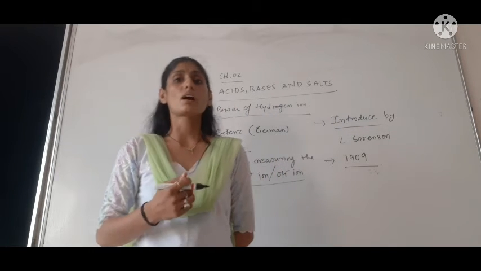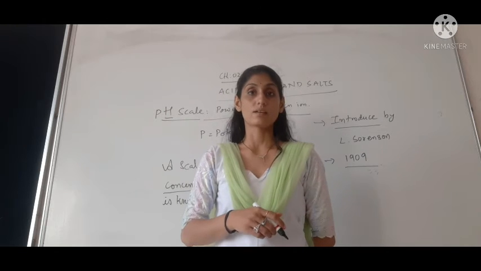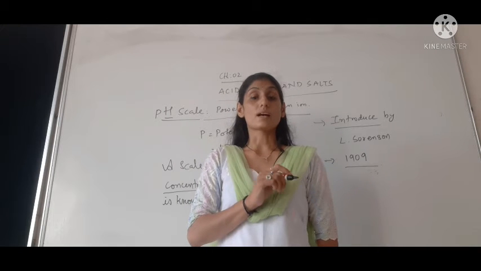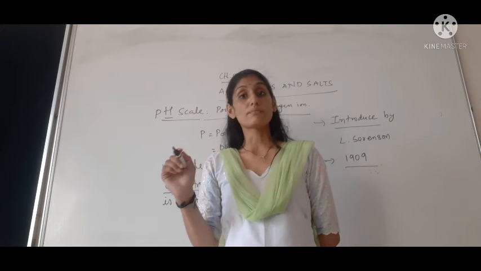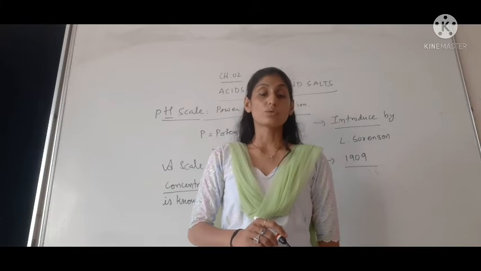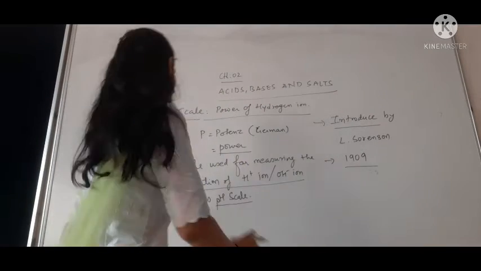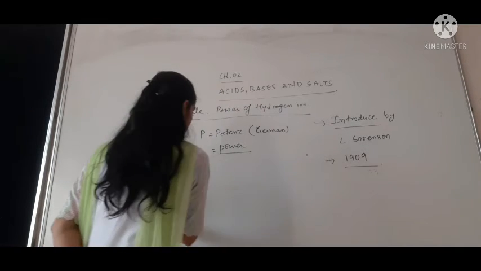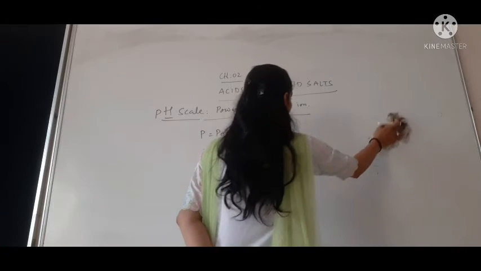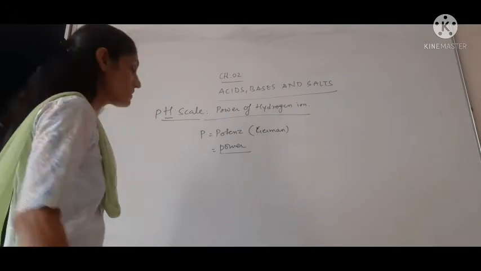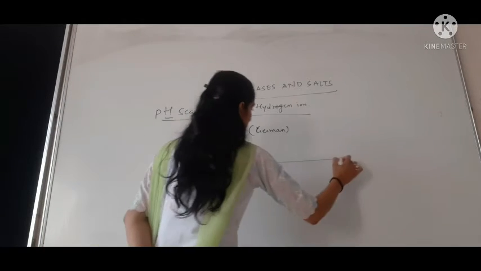Now we have to learn how that pH scale is. The pH scale starts from number 0 and ends at the number 14. You also have a diagram of the pH scale in your own book. You can see in the textbook that the pH scale is in that particular manner.